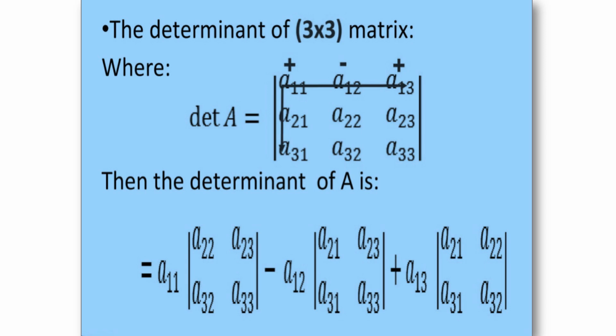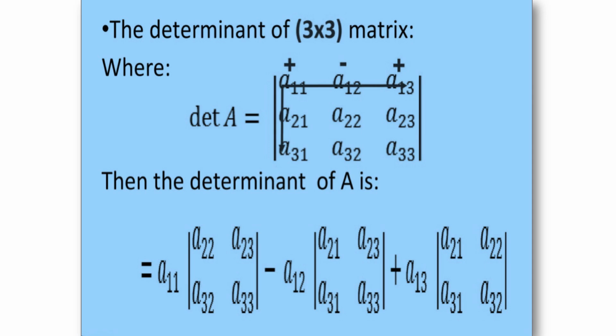So, plus A11, and we take the determinant of that element. How do we find the determinant of that element? A11 lies in a particular row and column. We delete that row and that column in which the element lies, and the resultant elements form the determinant of that element that we take into consideration.